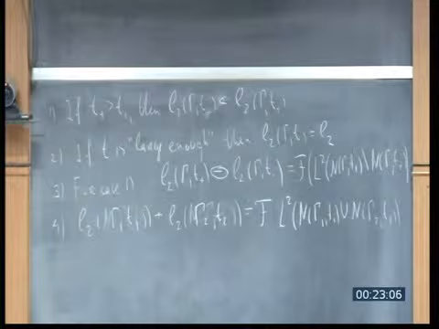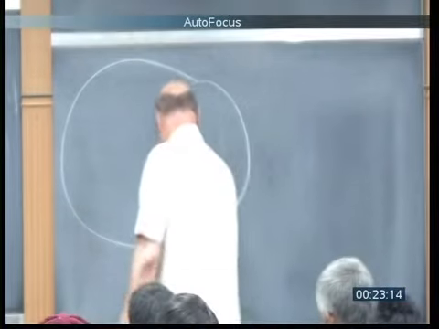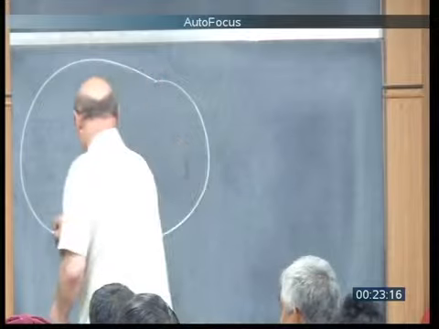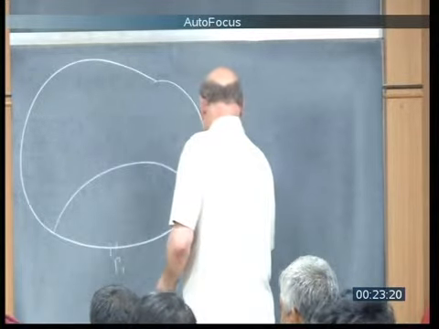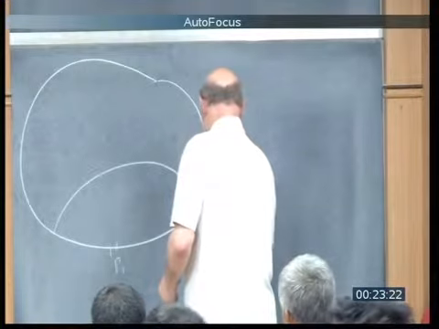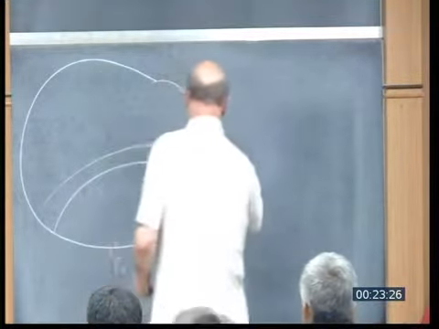So let me draw a picture here. I take a very big N. Say this is gamma 1, and this corresponds to T1 minus. This corresponds to T1 plus.